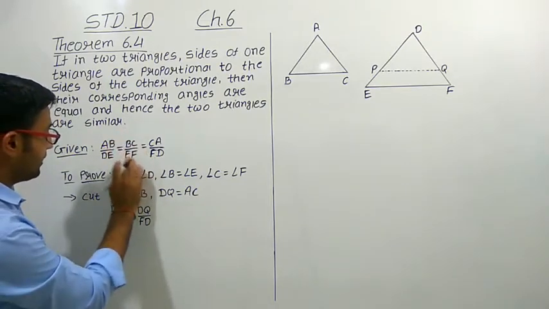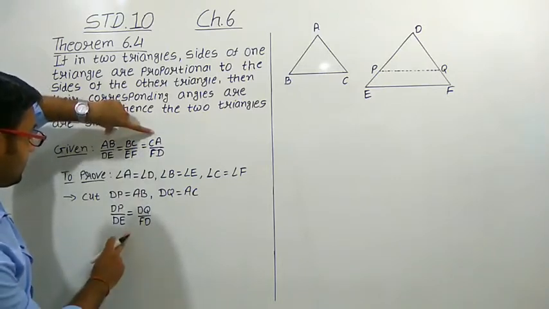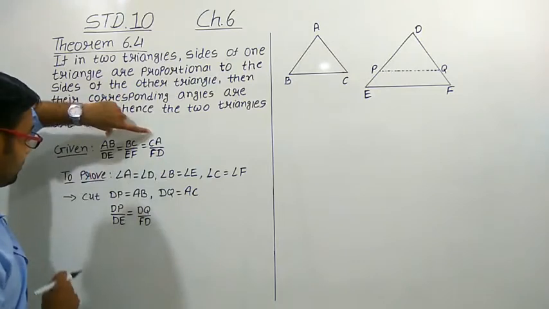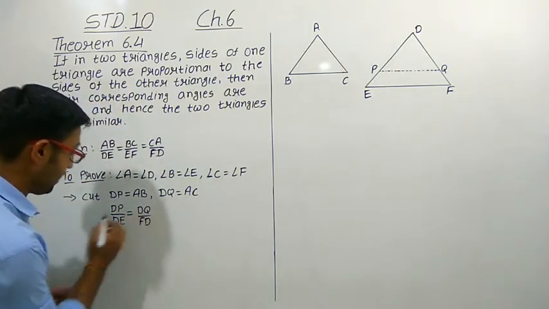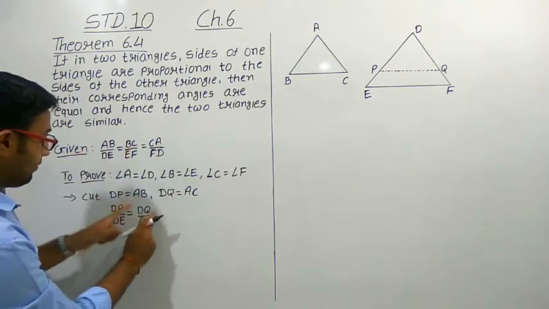This third ratio we are not considering currently. Only these two are considered, as all three are equal, we can take any two. So instead of AB we write DP, and instead of CA we write DQ.